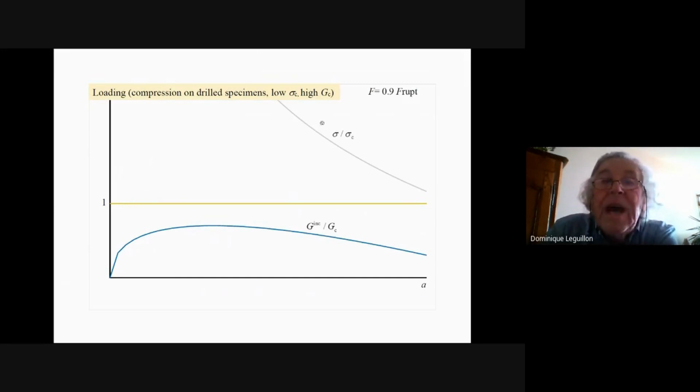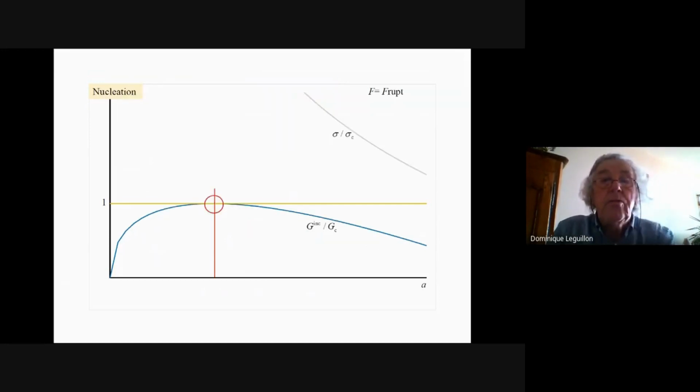But as the fracture energy is high, this ratio is small, and there is no match with the condition. In addition, it's an increasing function at the beginning, but it becomes a decreasing function of the length. So we increase the load up to that point, and at that point the two conditions are fulfilled.